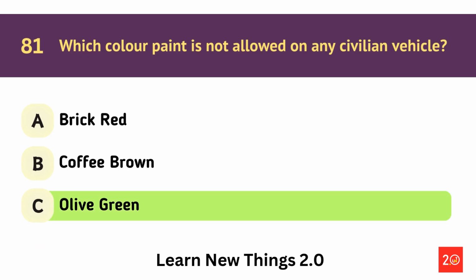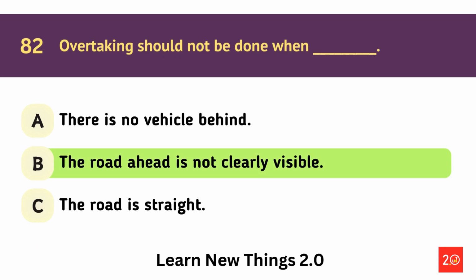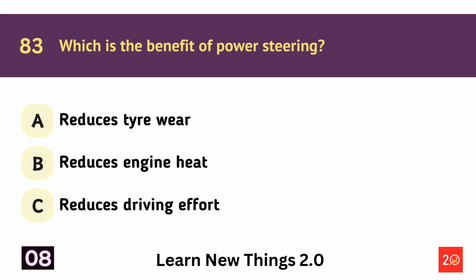Olive green. Overtaking should not be done when the road ahead is not clearly visible. Which is the benefit of power steering?